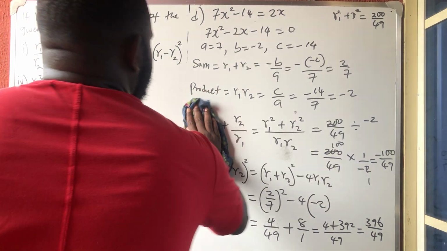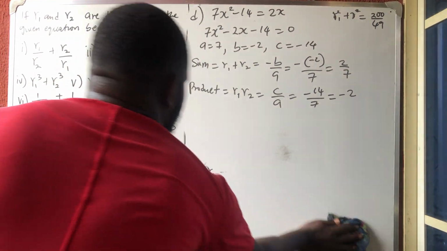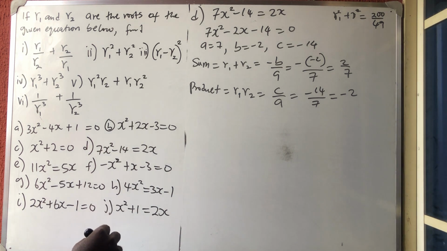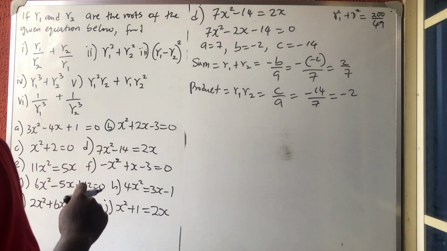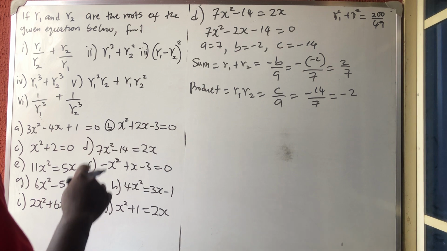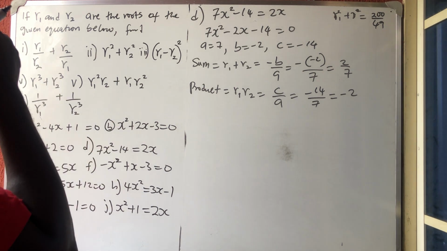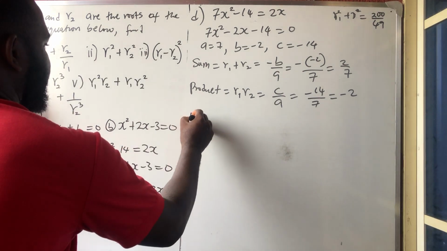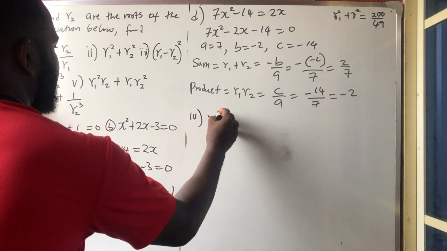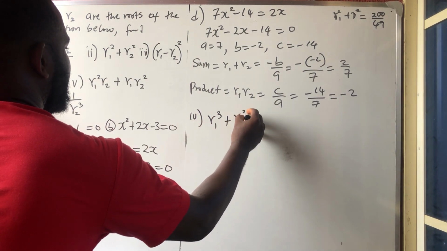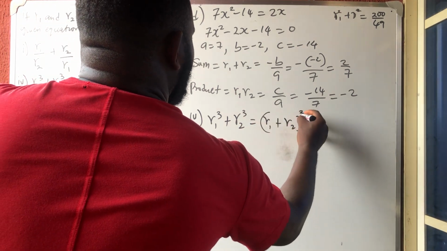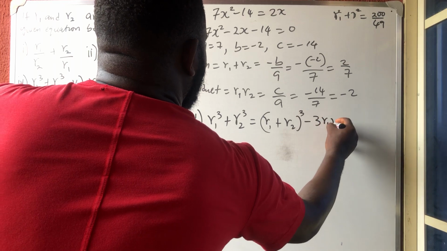So the next one is which other one? My V. Okay. Which one did I do now? I've done this one. So IV. IV is what? R1 cube plus R2 cube, which is what? R1 plus R2 all cube minus 3 R1 R2 into R1 plus R2.